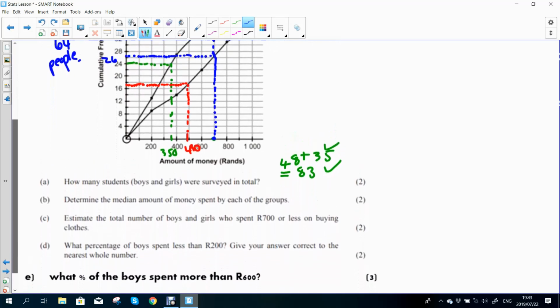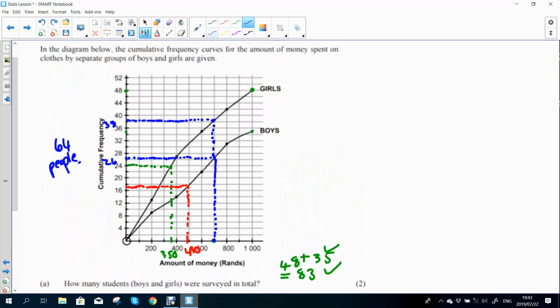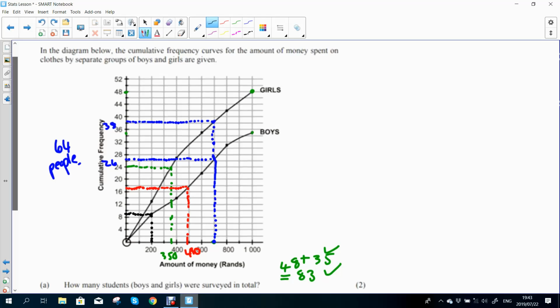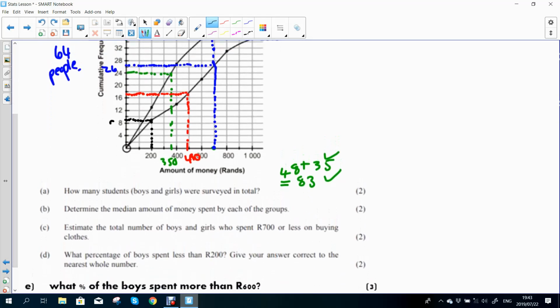What percentage of boys spend less than 200? Okay, less than 200. So we go to 200, we go to the boys, and we read off this value. Okay, that looks like about, did they say what percentage? It looks like 9, more or less, if you read off that amount.